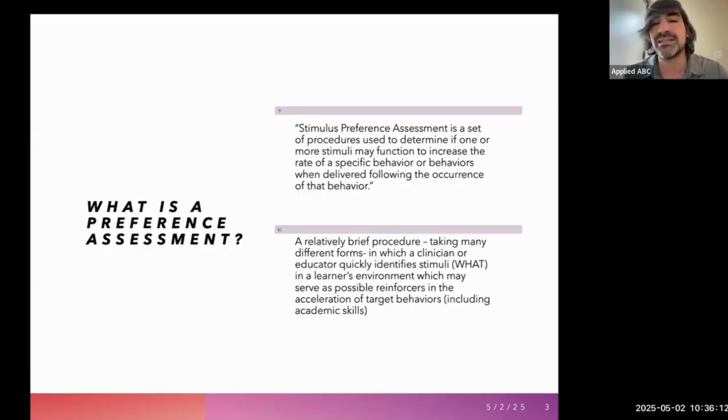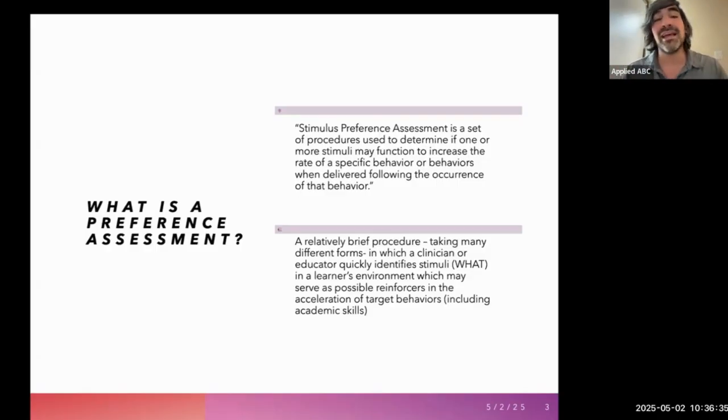In practical terms, it is a relatively brief procedure, taking many different forms, in which a clinician or educator quickly identifies stimuli, things, objects, really anything someone responds to is a stimulus in a learner's environment, which may serve as possible reinforcers in the acceleration of target behaviors, including academic skills.